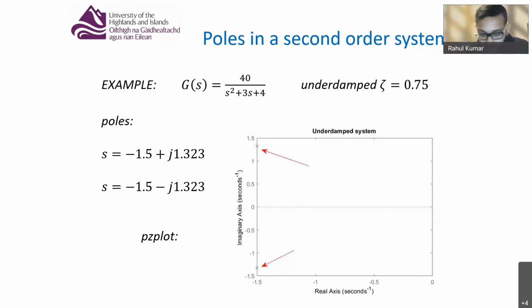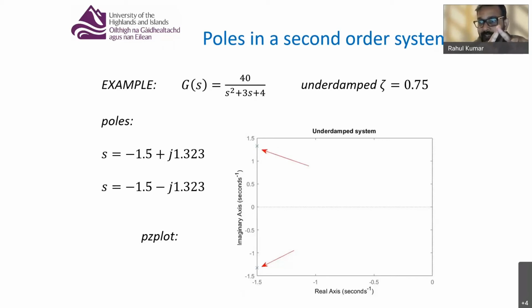So finally, to conclude all the things which we have discussed, when the system is overdamped, my poles are wide apart. As we bring it closer to critically damped, the poles move closer to each other along the real axis. And finally, at the critically damped condition, they will overlap each other.